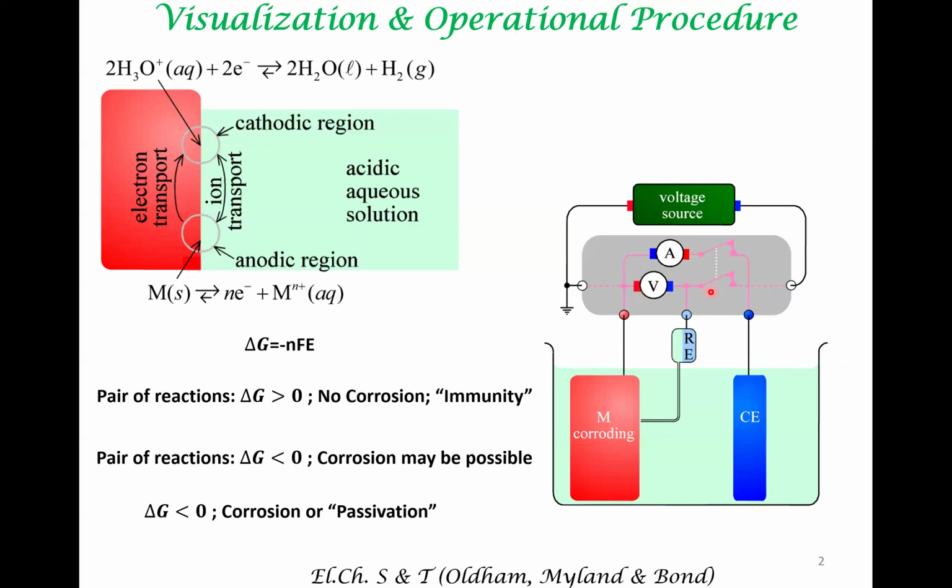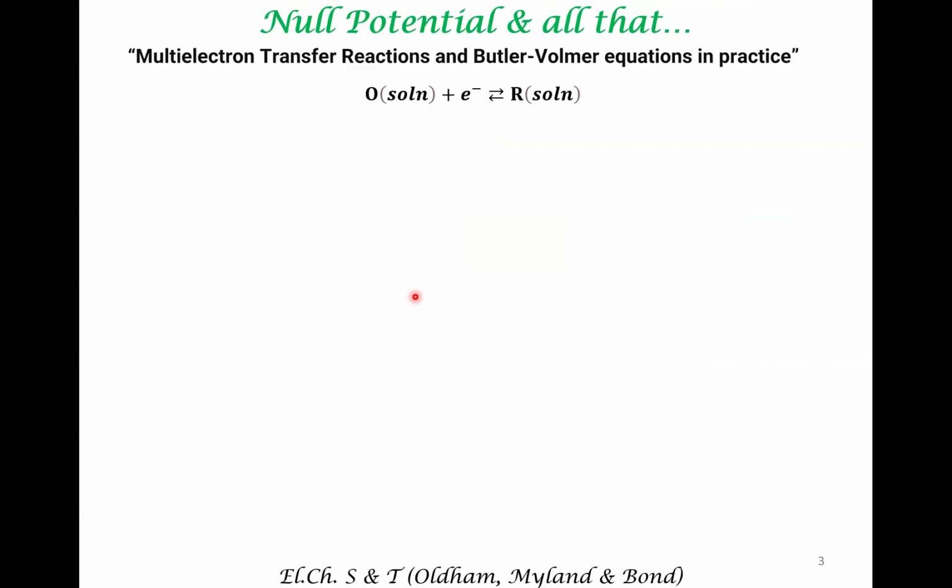So this transition to a distinct two electrode setup is very useful for understanding the behavior of a corrosion cell. With this, we could also look at which pairs of reactions are not prone to corrosion, and which pair of anodic and cathodic reaction may be prone to corrosion.